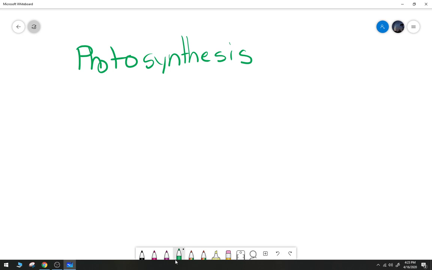And what it is, I want you to try and visualize a P, and it has to do with plants. Photosynthesis deals with plants, okay? So let's do a leaf and show what comes in, what goes out for photosynthesis.